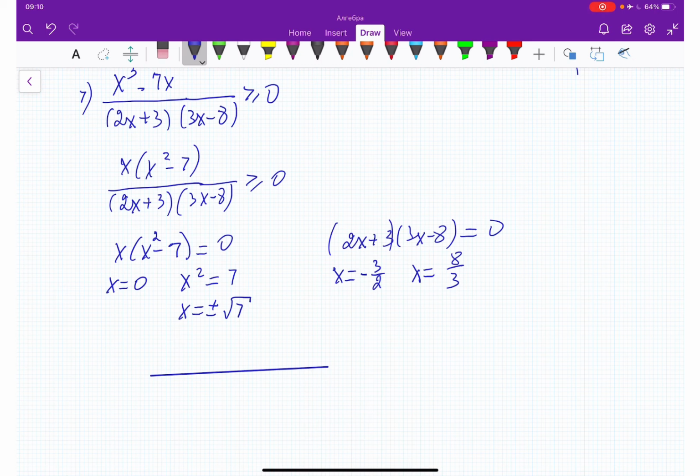Square root of 7, yeah, 2.65. So 2.65 approximately. So we will know where on this line we place it.